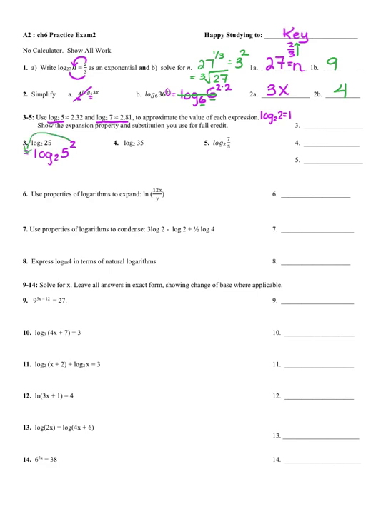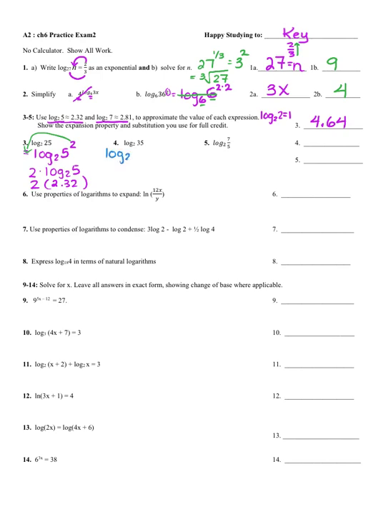So that 2 is going to move in front with our power rule. So I have 2 times log base 2 of 5. Now we substitute. Now that we've done all our expansion, I'm going to plug in 2.32. Those are the clues they gave us. And 2 times that will equal 4.64.